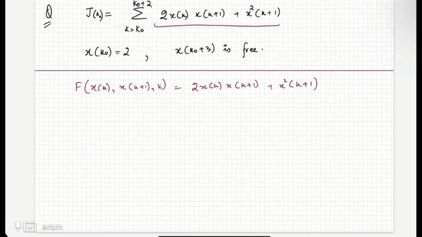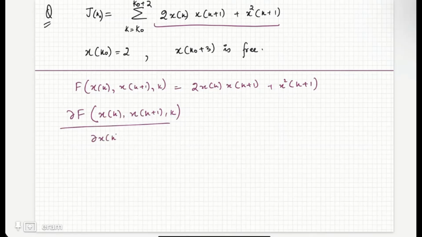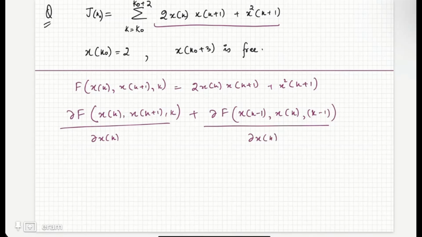Okay, now for Euler-Lagrange we have to solve del f at k, that is xk, k plus 1 and k, with respect to del x of k, plus del f at xk minus 1, xk, and k minus 1, with respect to x of k.